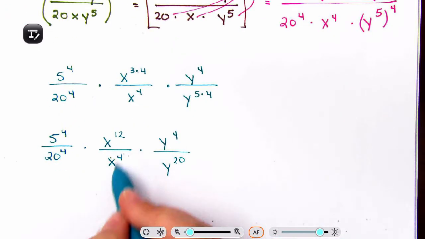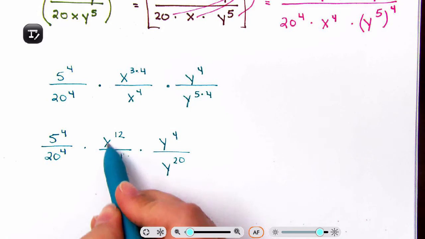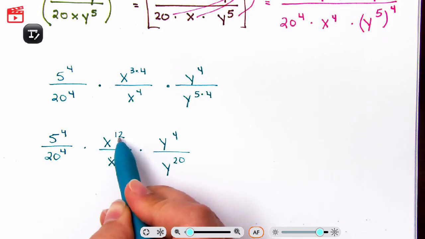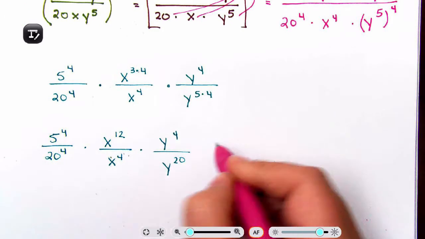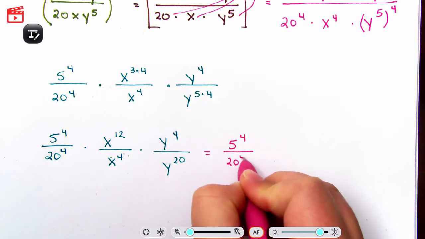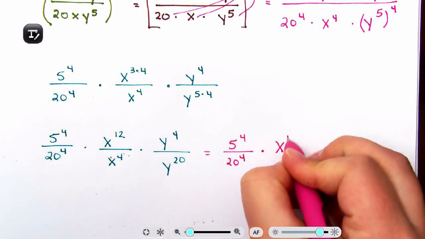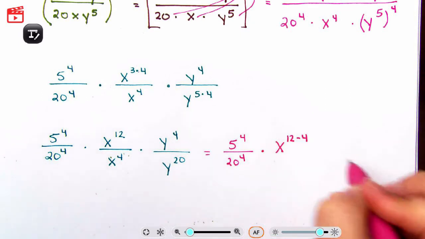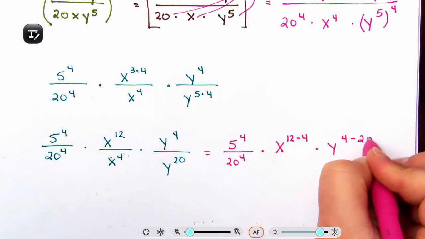Now we have division. We have quotients, right? So what did the quotient rule say? The quotient rule said if I have the same bases, I'm going to subtract numerator minus denominator. So I'm going to say I have 5 to the 4th power over 20 to the 4th power, leaving that for last, times x, 12 minus 4 as my exponent, times y, 4 minus 20.